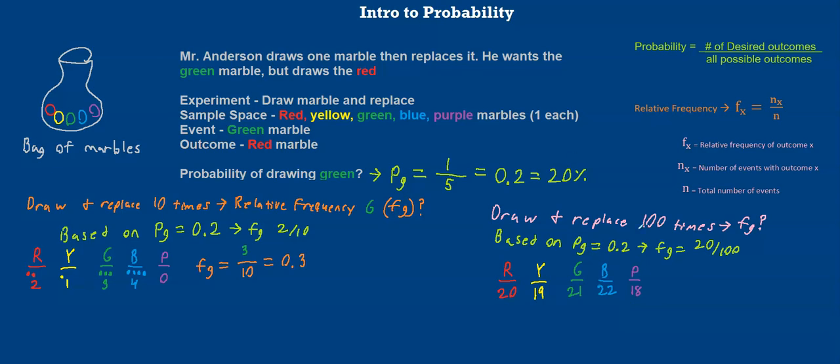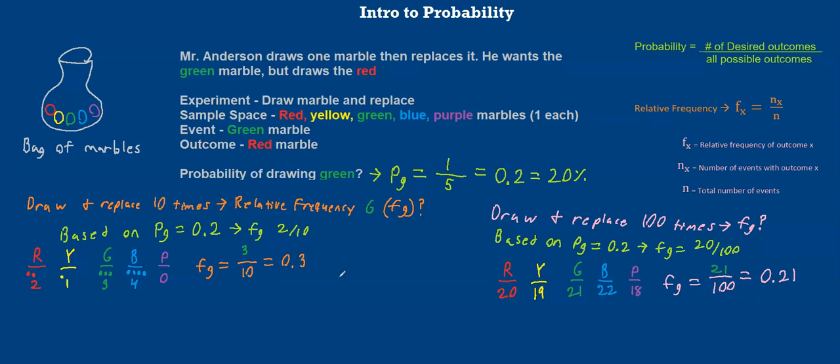So what is our relative frequency for the green marble in this situation? Well, the total number of events this time is 100, and the number of times we got green was 21. So 21 over 100 is 0.21, which is much closer to 0.2 than our relative frequency was when we performed the experiment 10 times.